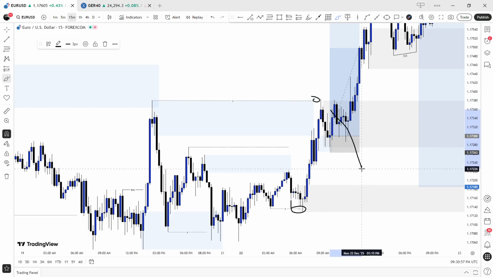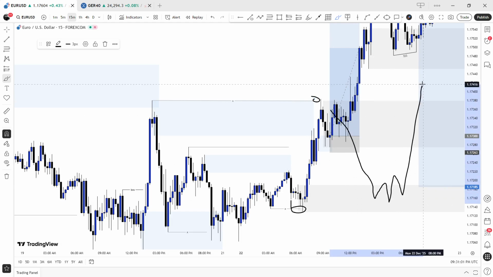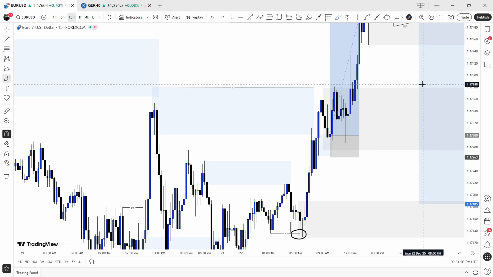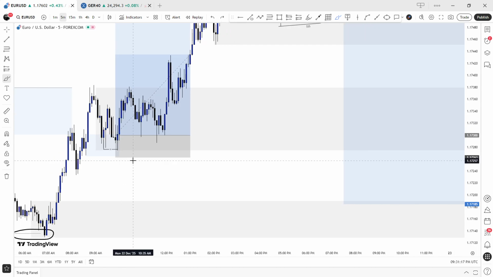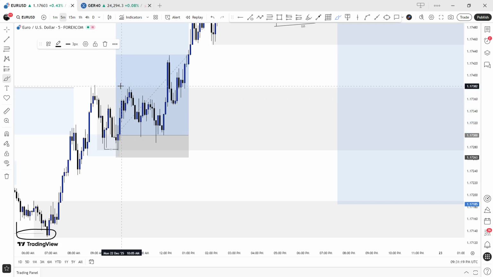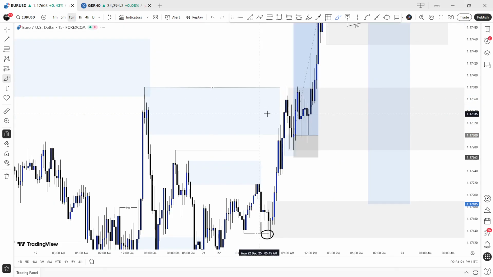We could have easily just pulled back down into this demand, get the market structure shift, then take the continuation to the upside. But since we had the entry model show up on the 5 minutes, I decided to take the trade. If we didn't get the entry model, we wouldn't take any trade.